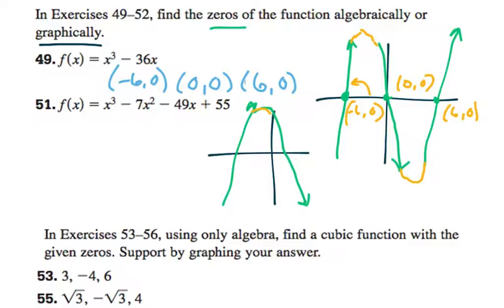So now I want to figure out what those zeros are. Algebraically you could factor by grouping. That is an option here. Let's see, 55 and a 7. I don't think 55 can be divided by 7, so it doesn't look like it's going to be a whole number. So instead I'm going to just expand my window a little bit.